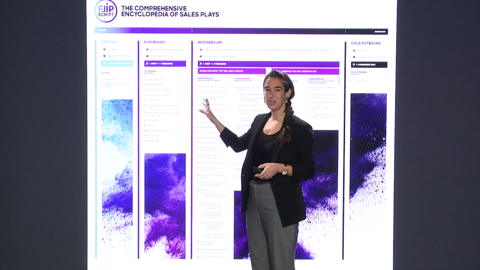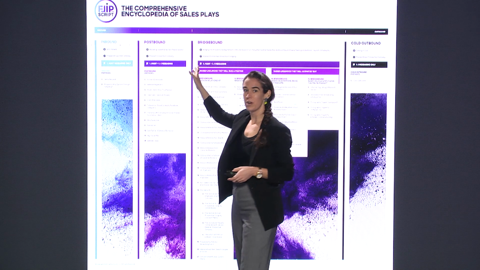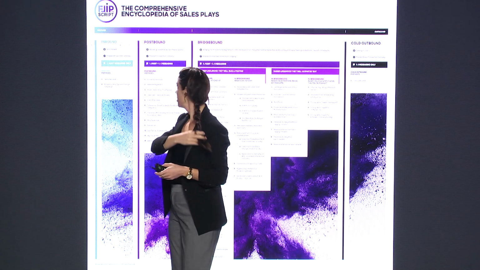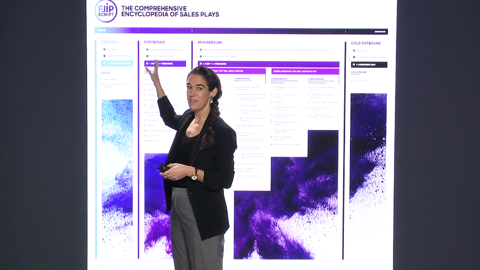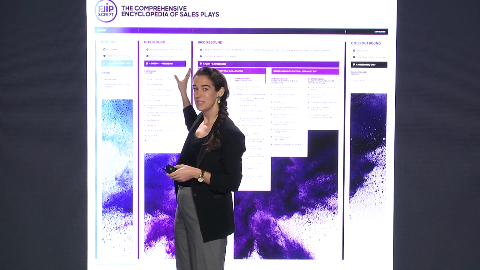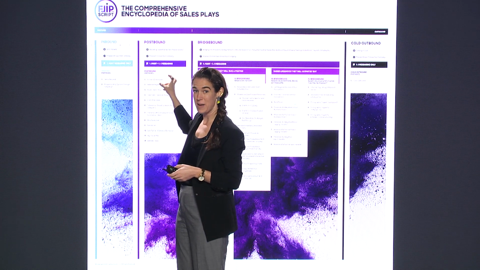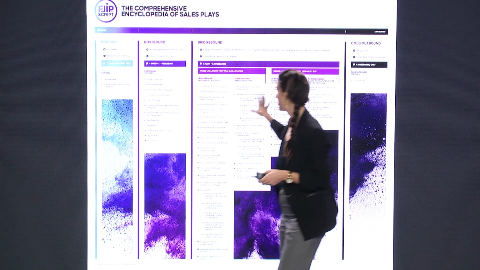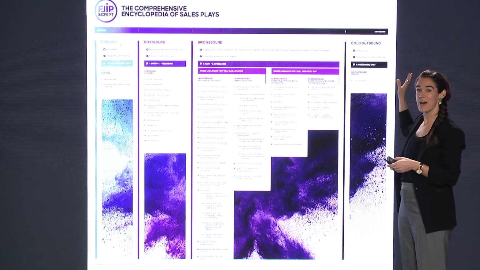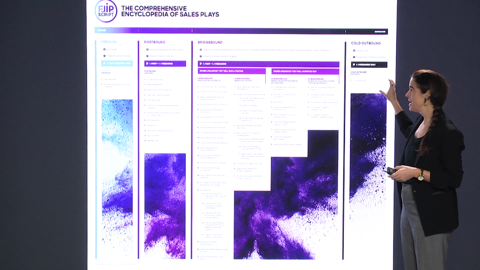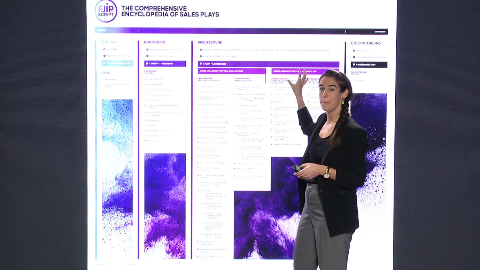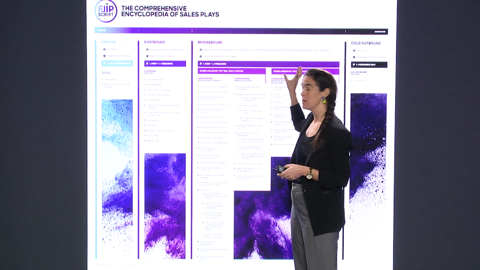The second thing I want you to pay attention to is the category groupings. Over here on the far left, we have inbound. Like I mentioned, middle left, we have postbound. I'm going to skip over this midsection. Far right, we have cold outbound. And then middle right, which is going to be our biggest category, is bridgebound.